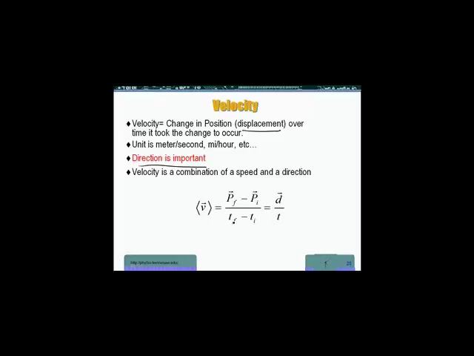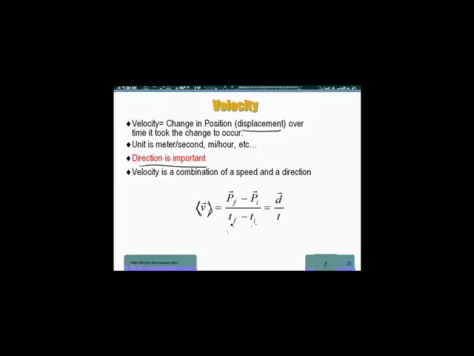Now look at the way we wrote it in terms of a formula here. The bracket here is to say the average velocity between TF and TI. TF is the final time, TI is the initial time. Now PI is the position at TI.